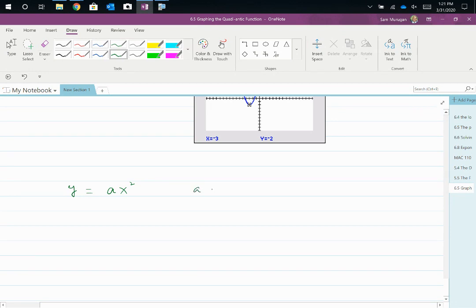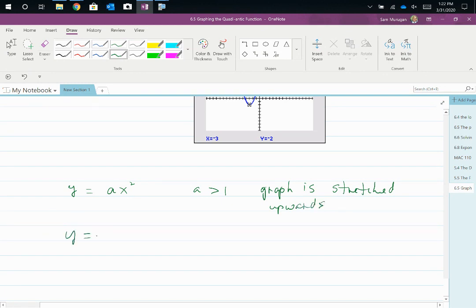If a is greater than 1, the graph is stretched upwards.